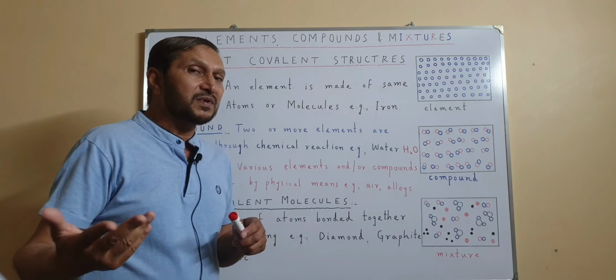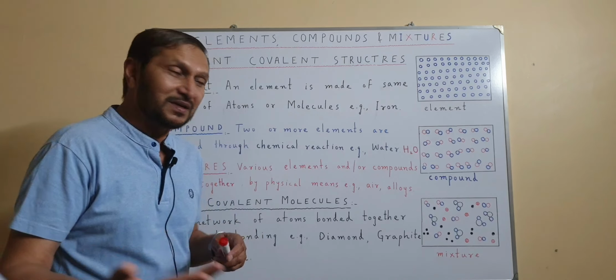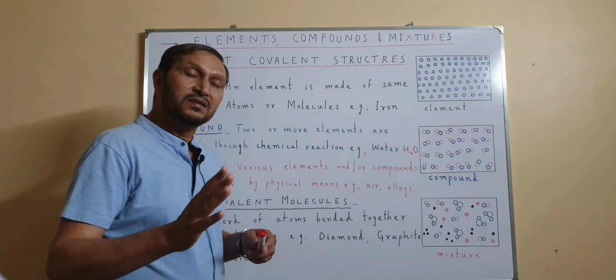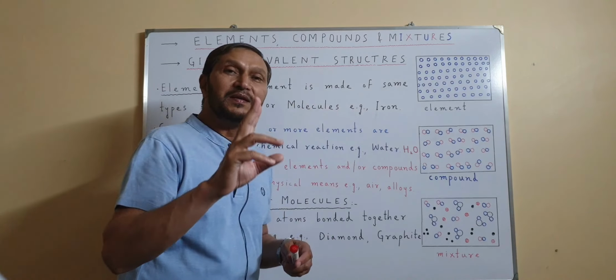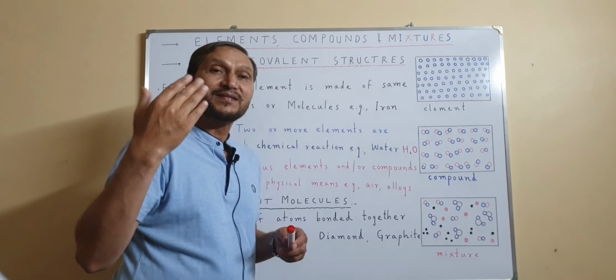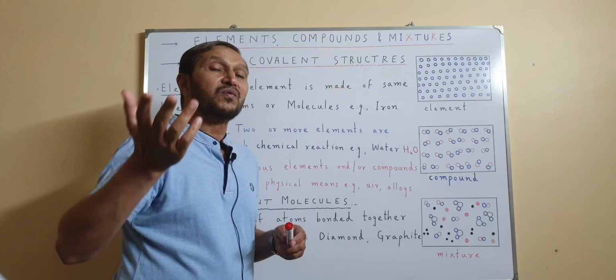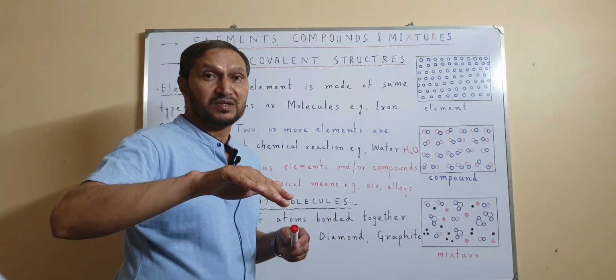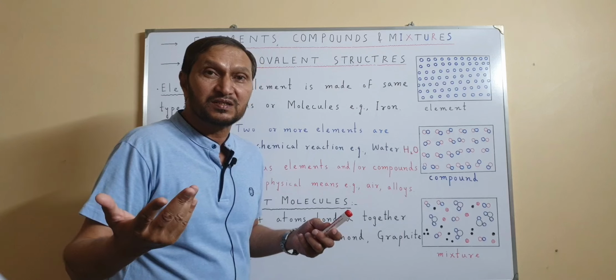How? Let me explain you by an example. For example, water. Here water is made up of two elements, hydrogen and oxygen. Hydrogen and oxygen both are gases at room temperature, but water is a liquid at room temperature, so the properties are changed.